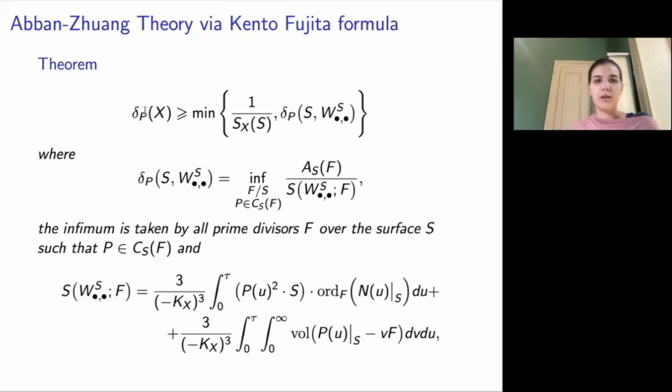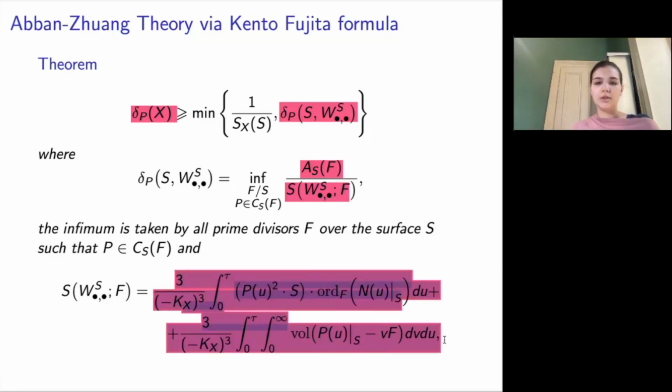And after that, we can estimate our local δ-invariant from below as the minimum of 1 over this S and the δ of the filtration, which is defined as our log discrepancy over all prime divisors over the surface S over this S_W integral, as we will refer to it later on.